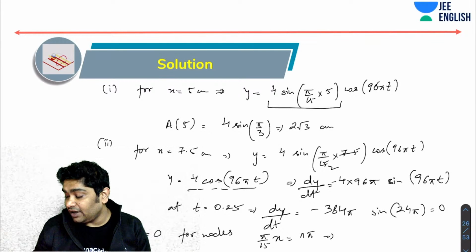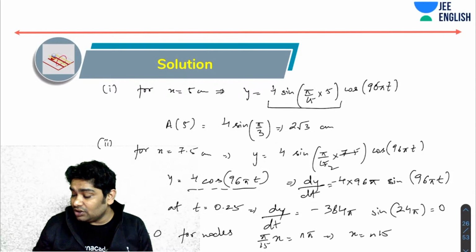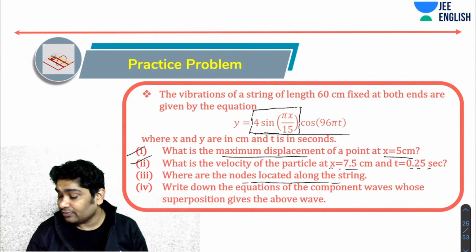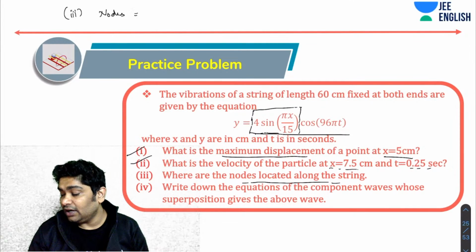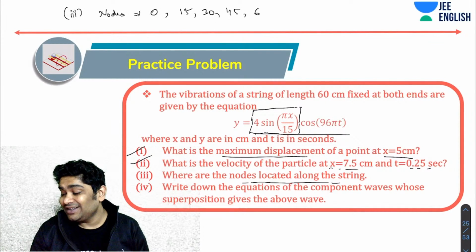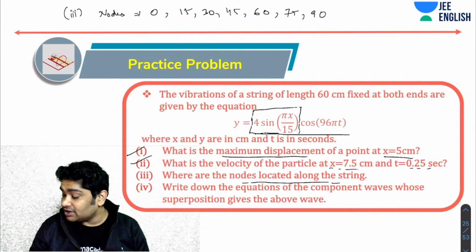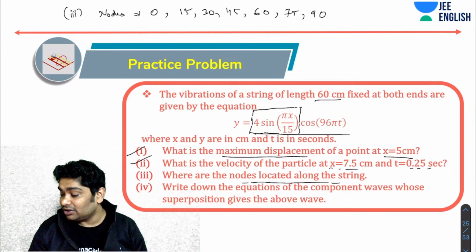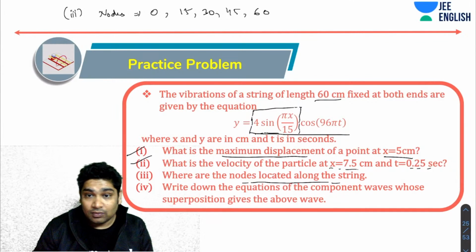So from here you would have gotten x would be equal to n times 15, n being the natural number, of course. Okay, so nodes would be at 0, 15, 30, 45, 60, 75, and finally 90. Okay, so this is a 60 centimeter length, so not these. So there will be 5 nodes here.